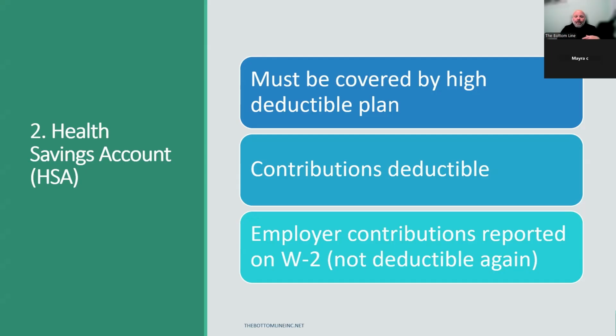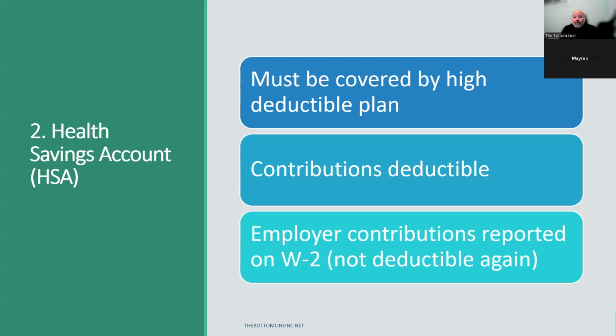So for an HSA, you have to be in a high deductible medical plan. If you're in a high deductible medical plan and you pay your health expenses out of your other money, but you still put money in this HSA and you just let it sit there, one of the things people use this for is as a vehicle to save money. As long as they have money somewhere else to pay for their medical expenses, because you have a high deductible.